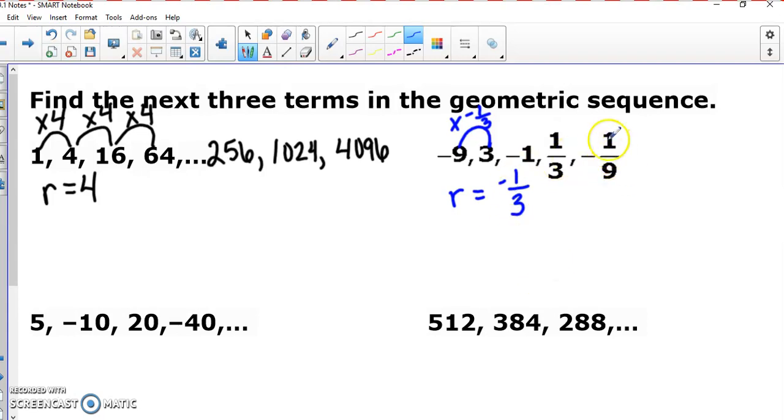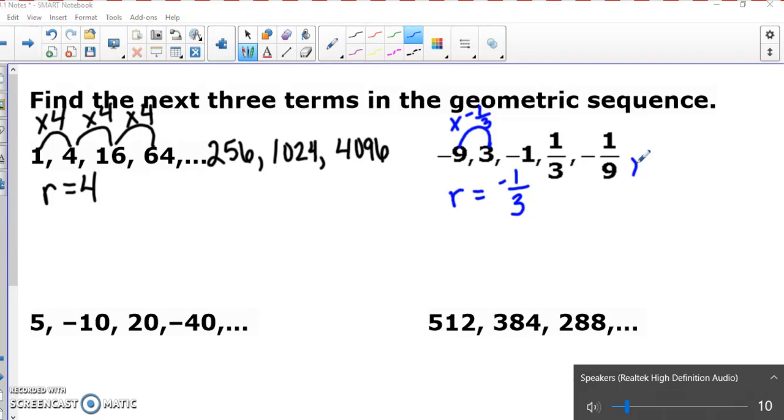To find my next 3 terms, I'm going to take negative 1/9 times negative 1/3. And remember, when you type that into your calculator, you want to put the fraction part in parentheses. So I would type in parentheses, negative 1 divided by 9, parentheses, times, parentheses, negative 1 divided by 3, parentheses.